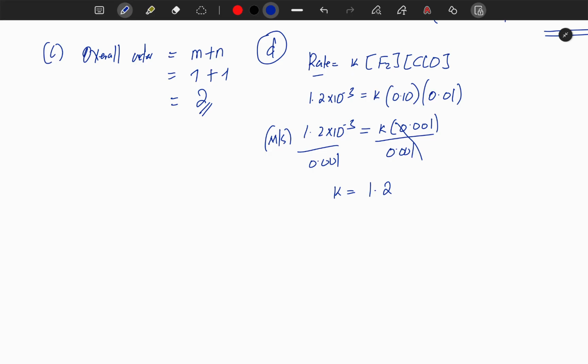You discover that mole per liter is just molarity, in case you don't know. So here we had M squared, even here we have M squared. Because of this, we get M to the power negative 1 and S to the power negative 1, so you can just say K is equal to 1.2 per molarity per second. It's up to you, whichever.